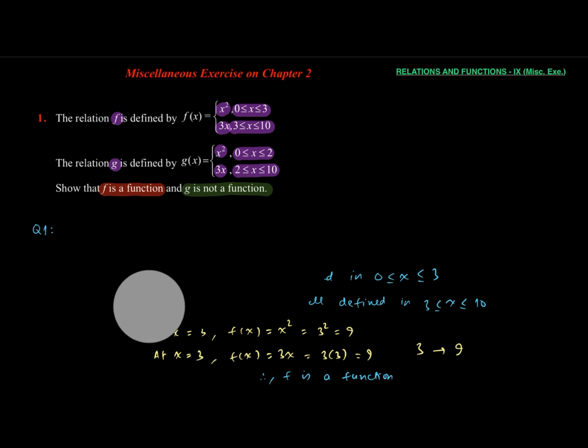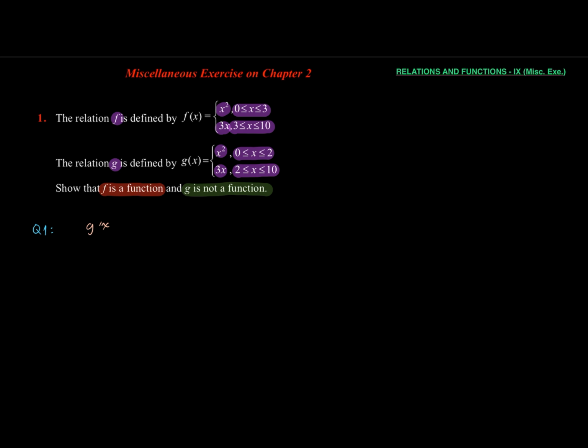Now let us take g of x. So here we are having g of x equal to x squared when x is greater than or equal to 0 but less than or equal to 2, and 3 times x when x is greater than or equal to 2 but less than or equal to 10.